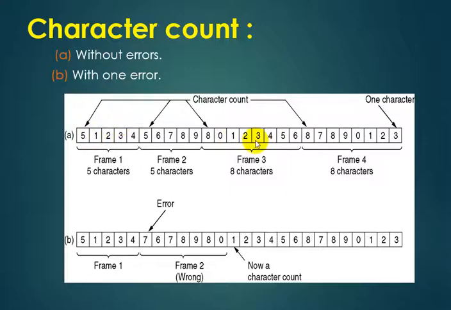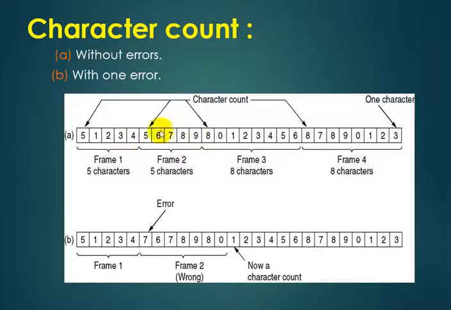A frame consists of some numbers. The starting character in the frame indicates the total number of characters. So here we start with 5, and so a total of 5 characters makes frame 1. After 4, again start with 5.